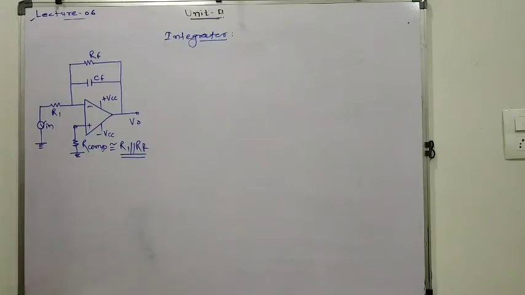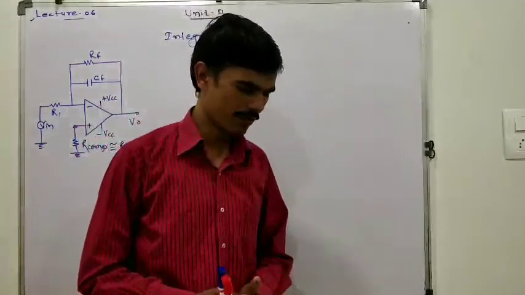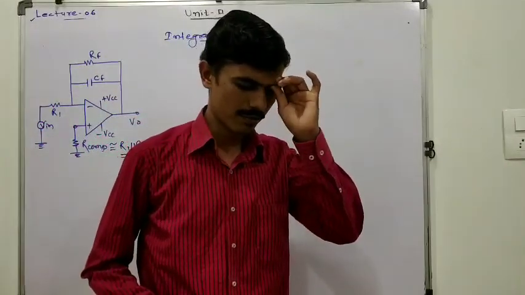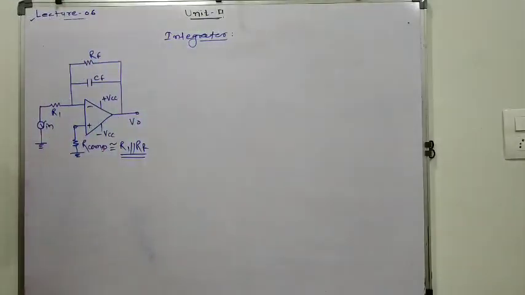That is a generalized formula. For output waveform, we solved one problem related to the differentiator. Likewise, here also we have to solve the problem related to the integrator. So now we are going to solve the first problem related to the integrator.